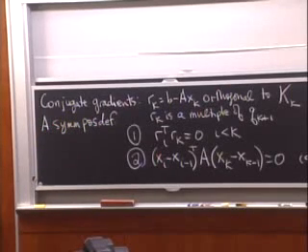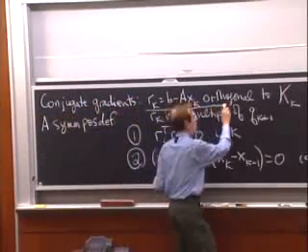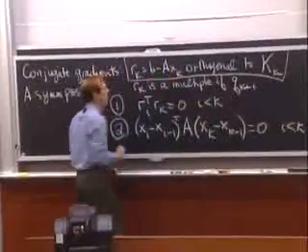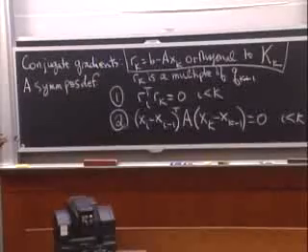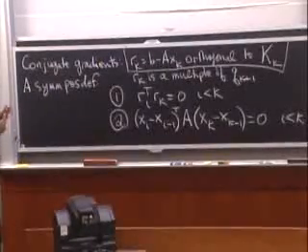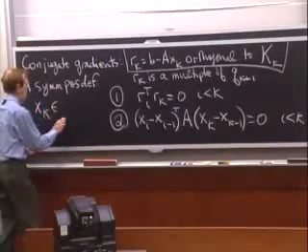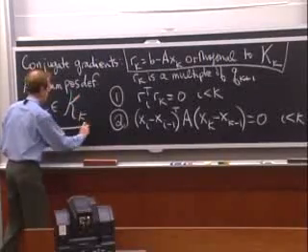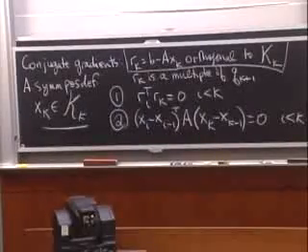So what's the main point? Here's the rule that decides what x_k will be. x_k will be the vector in the Krylov space K_k.